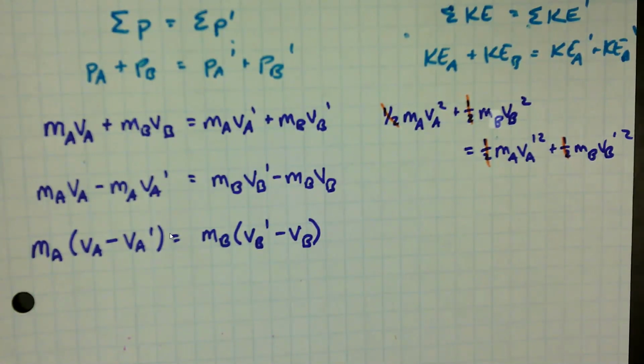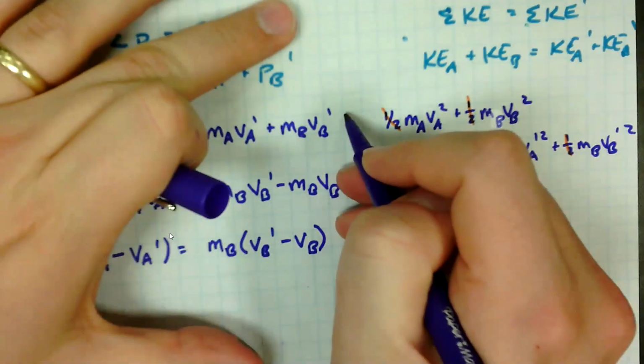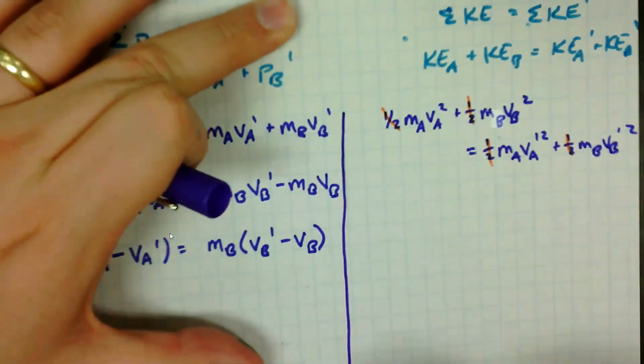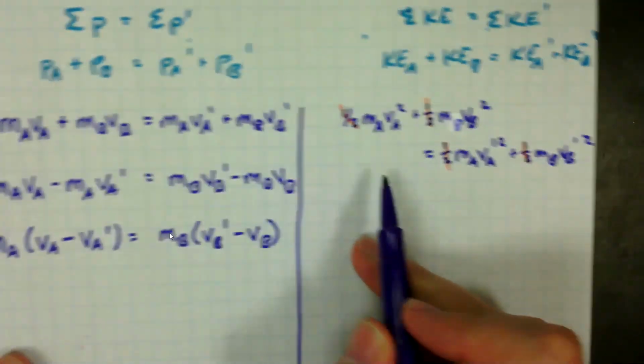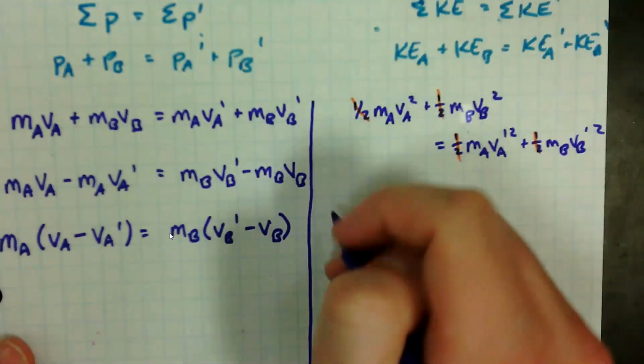Okay with that? Questions? I want to do the same thing over here. I want to get all of the A's on one side and all the B's on the other.